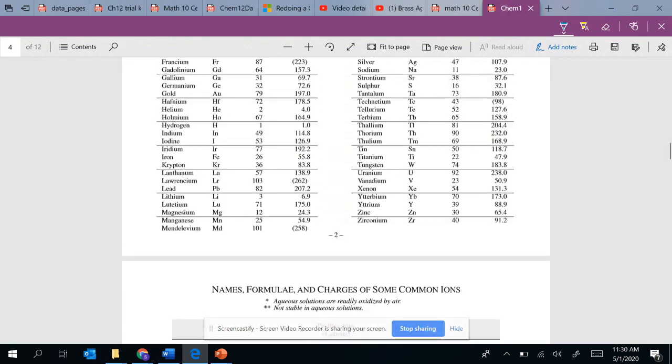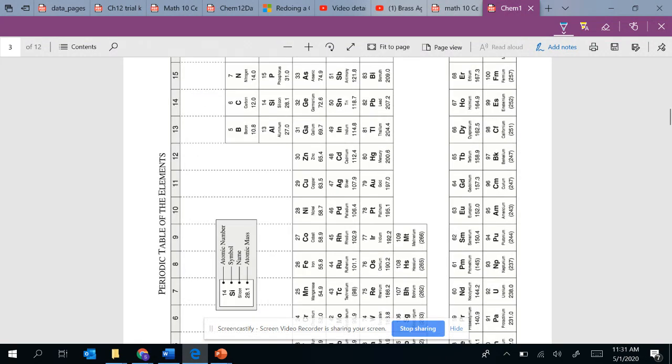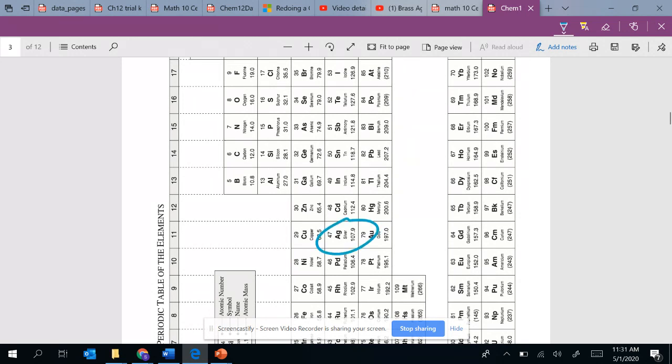Ag2 is 107.9 times 2, plus S, 32.1, plus O4, 16 times 4 is 64. So plus 64 equals 311.9 is the number I got.